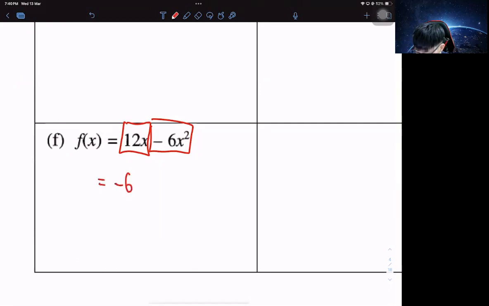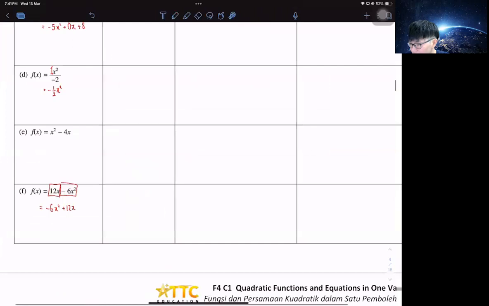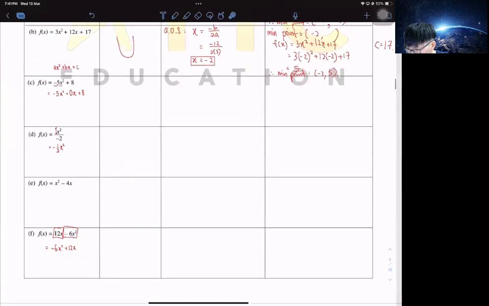And when I want to shift places, who's negative stays negative, who's positive stays positive. It's negative 6x squared here, so if I move it to the front, it stays as negative 6x squared. Then plus the positive 12x. Same. The c is zero. So nothing weird already, hopefully.